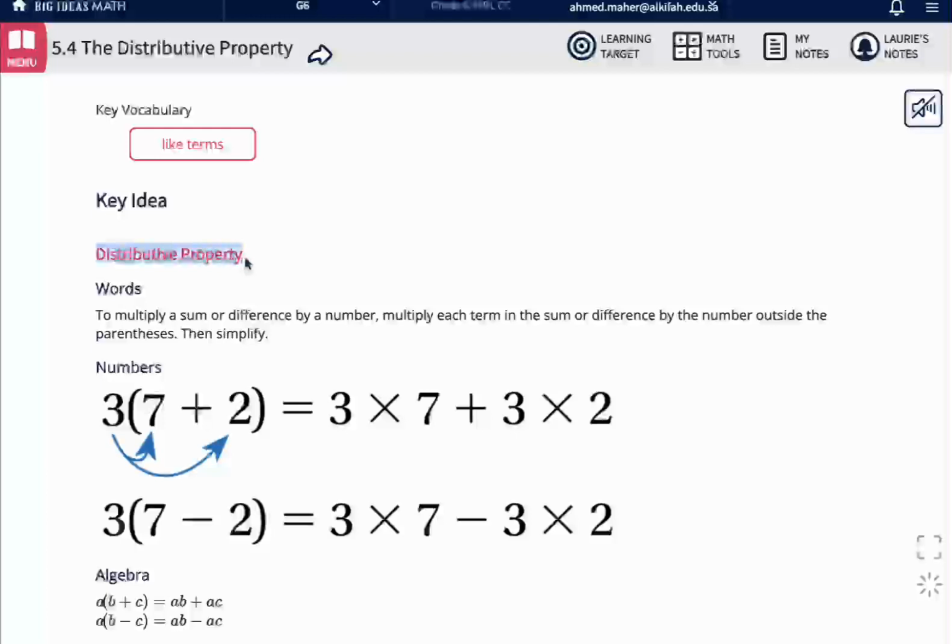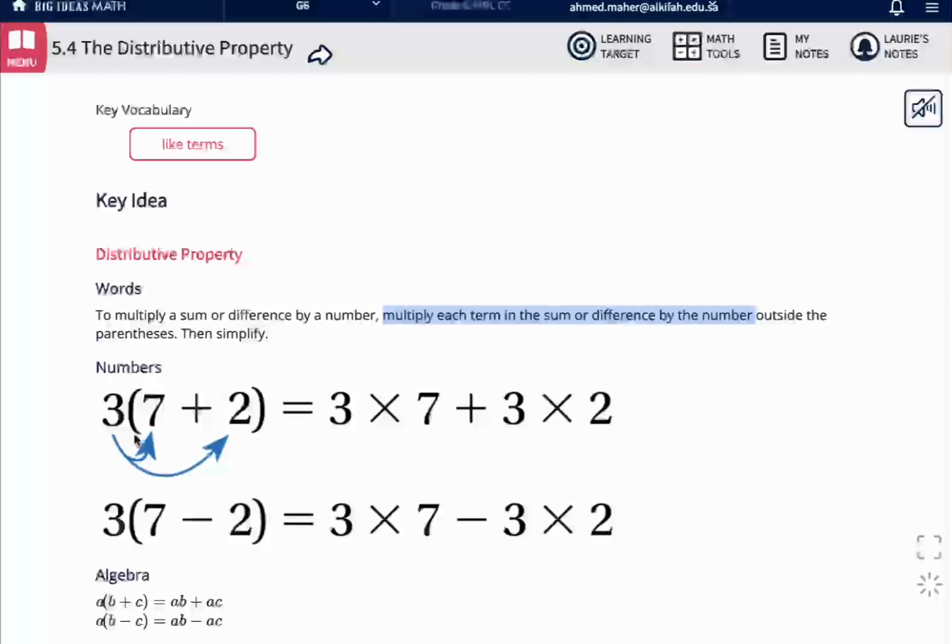We're talking about distributive property. What is distributive property? It says that to multiply a sum or difference by a number, multiply each term in the sum or the difference by the number outside the parentheses, then simplify.